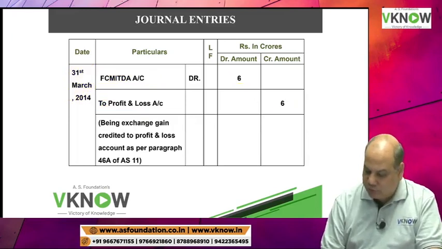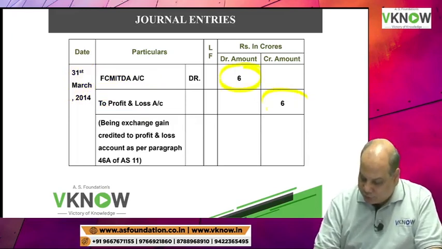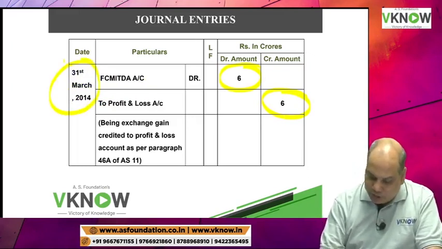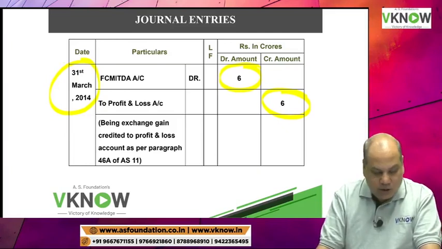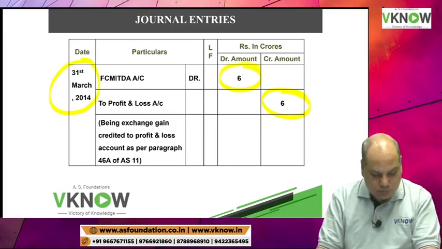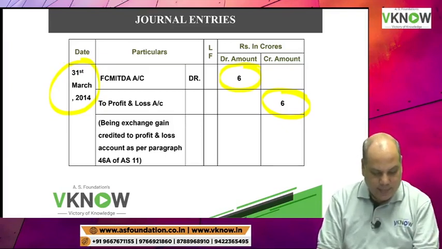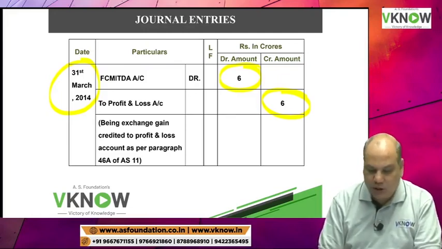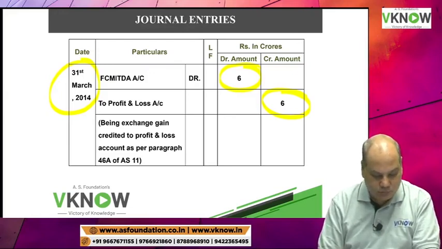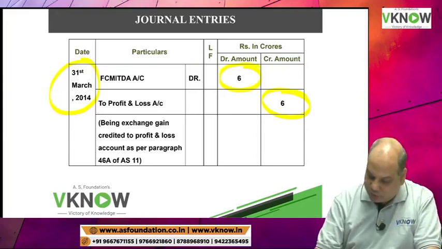Out of that now, 6 we are going to transfer to P&L account. Same date, calculations have been done. FCMI TDA account debit to P&L account, so the answer is 6.